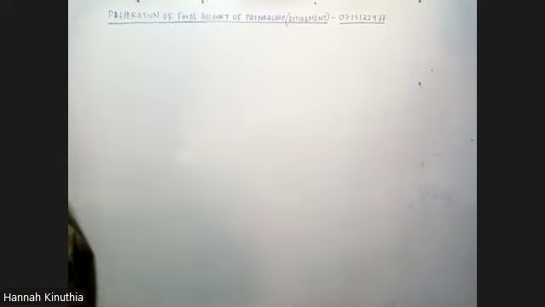So who will read for us the question? Preparation of the final account of partnership, and to be specific, it is the retirement of a partner. December 2024 question number 2.